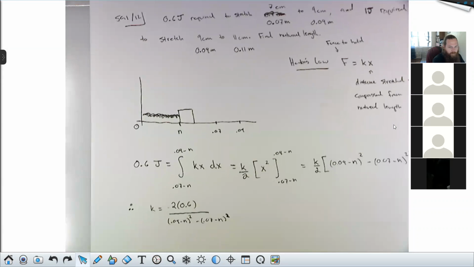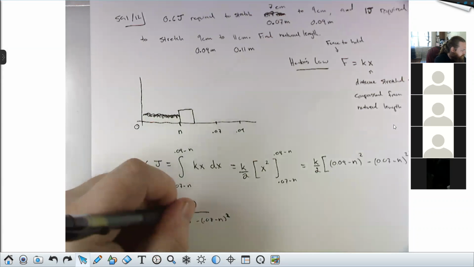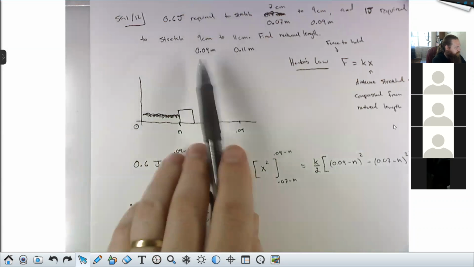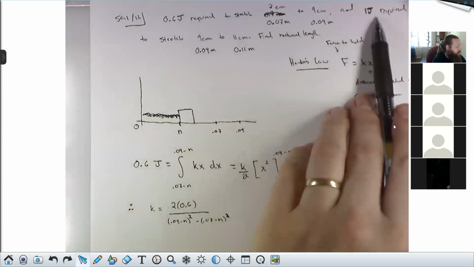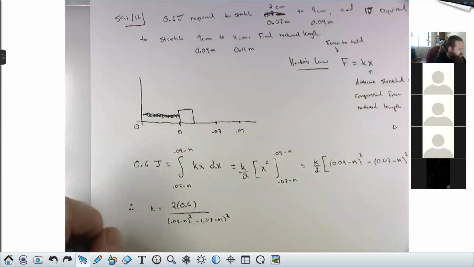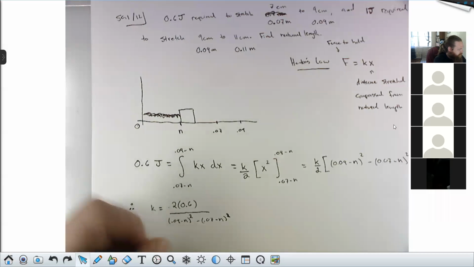This lets me write k in terms of n. Now, if you take that second bit of information, that 1 joule is required to stretch from 0.09 to 0.11, same sort of thing here.